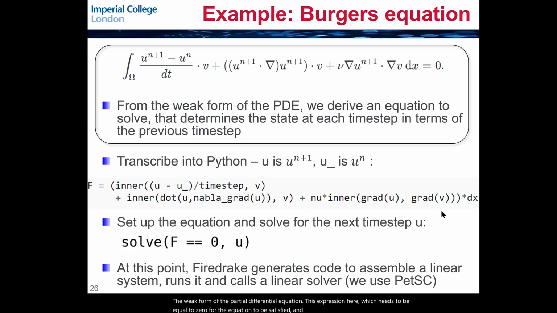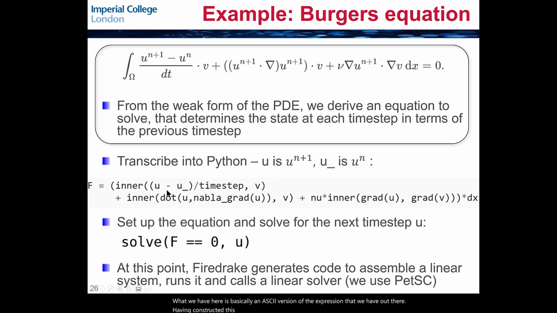And basically what you do with Firedrake is you transcribe that thing into Python. So u_{n+1} is u here, and u underscore is the previous time step. What we have here is basically an ASCII version of the expression that we have up there.